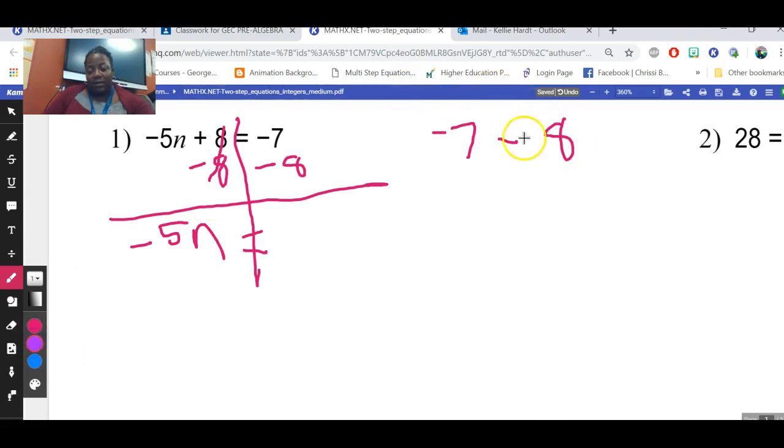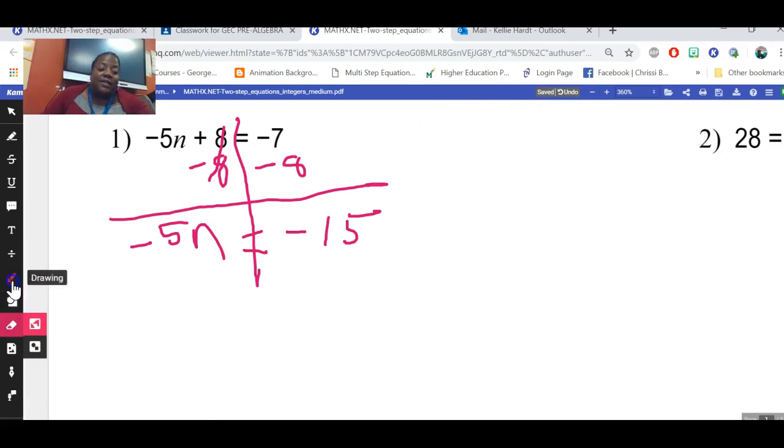And then, step 1, change to addition. Step 2, change the sign of your second number. Step 3, add. So 8, 9, 10, 11, 12, 13, 14, 15. And it would be a -15, because a negative plus a negative is negative. So -15. Okay? So that's what this is on this side. -7 minus 8, however you want to read it, answer is going to be -15.